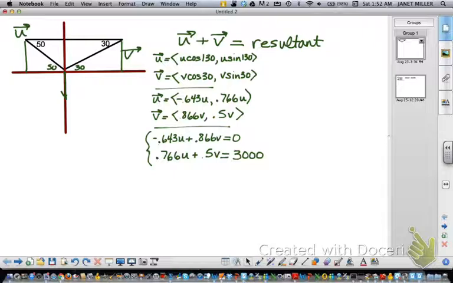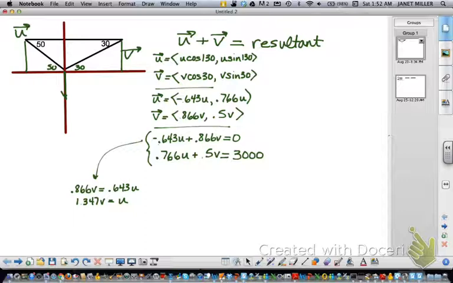I'm going to bring this down here, and I will get 0.866v equals 0.643u. And if I divide here, I will get 1.347v equals u.